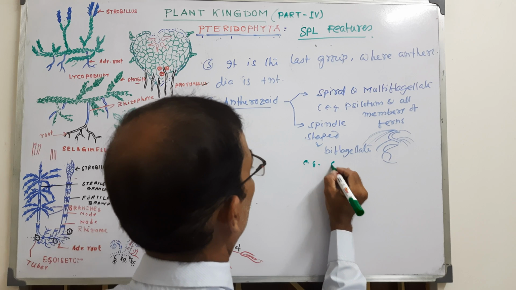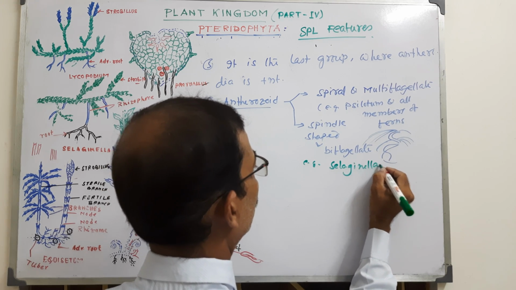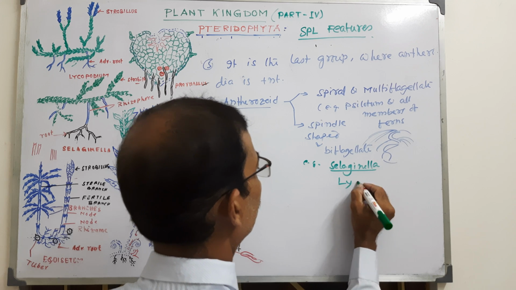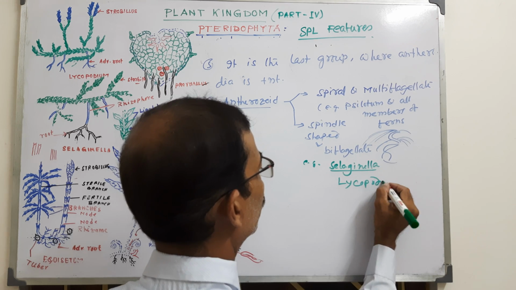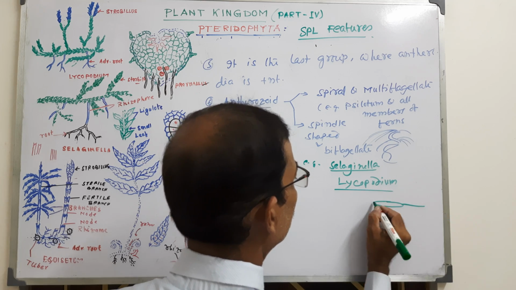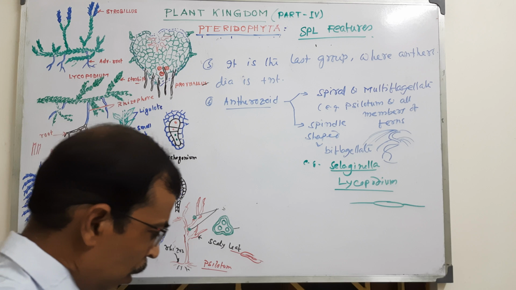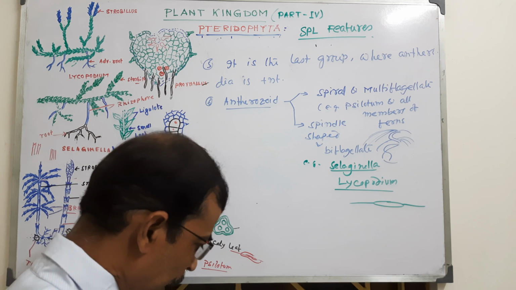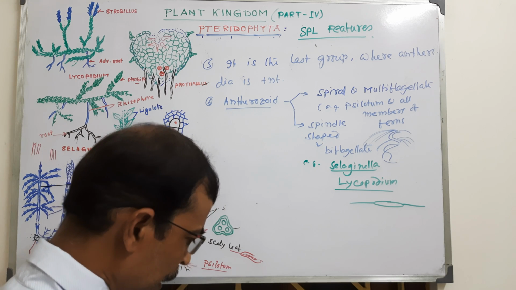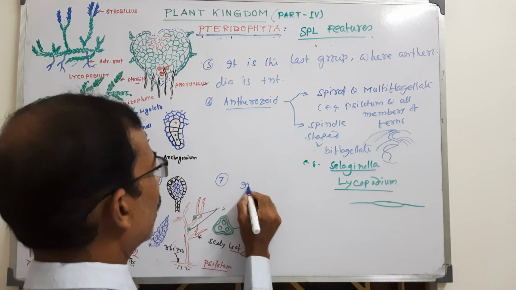Example Selaginella and Lycopodium. Look like this, this is spindle shaped and this is biflagellate.